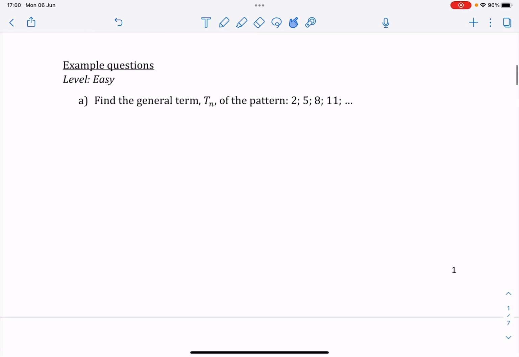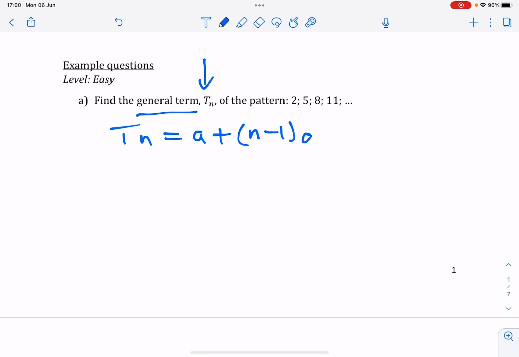So let's do an example. Find the general term Tn of the pattern. If you get asked for the general term or the Tn of the pattern, they're just wanting you to solve for the general term. First step, I would always write out the general formula: Tn equals a plus n minus 1 d. This d value can be put in front of the bracket if you like. I'm just used to putting it at the back of the bracket, but you're ultimately multiplying that d value into the bracket.